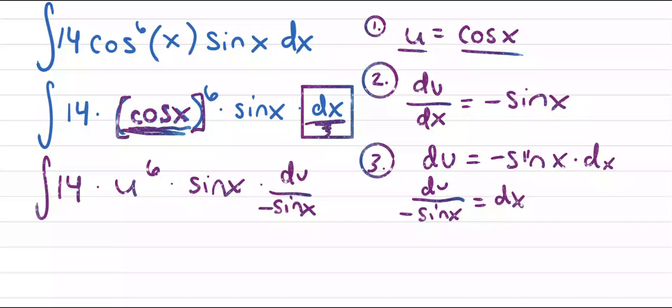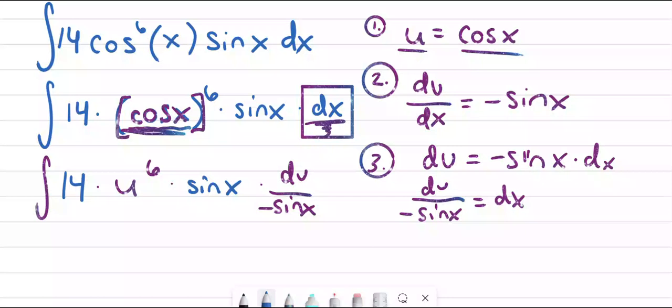And sometimes if you like a good color scheme, I'll even leave the original stuff in the original color and put my new information in a different color just so I can keep it straight. All right, then fingers crossed, hopefully some stuff here cancels out.